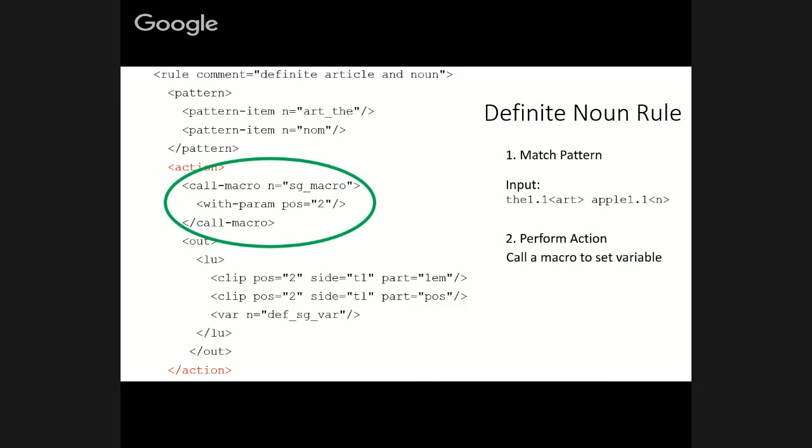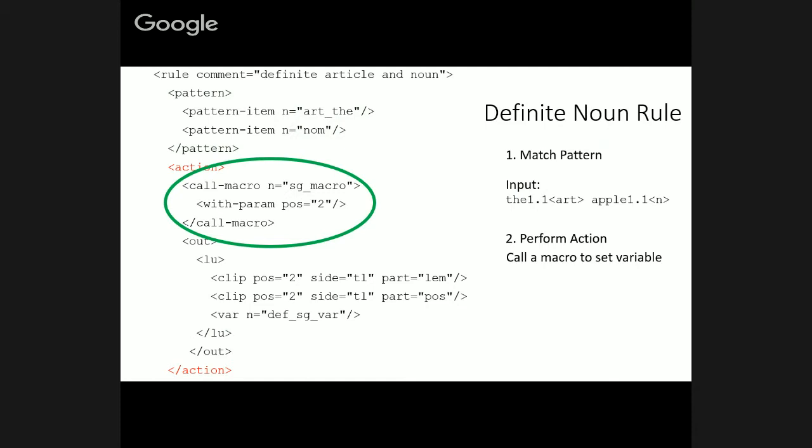First thing it does is it calls a macro. And this is a macro that just sets a variable. Depending on what declension this word is, it's going to set the definite singular variable, which we see down below, to the appropriate thing. So it's a little bit like writing code. This macro just extracts it so it's modularized, and you can use the same logic in other places.